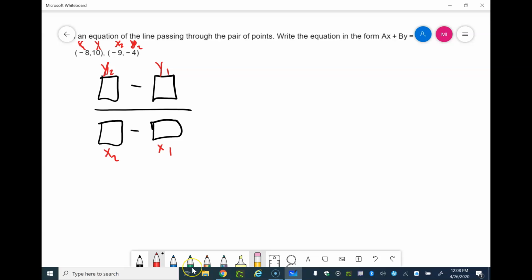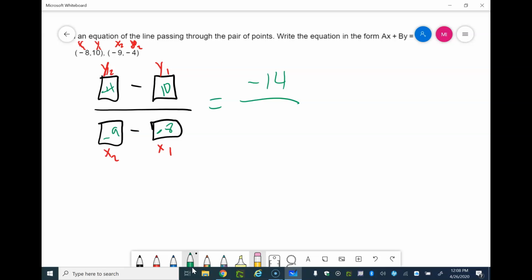So the first one is going to be negative 4 minus the 10, and then we're going to do negative 9 minus the negative 8. So negative 4 minus 10, that's going to be negative 14.